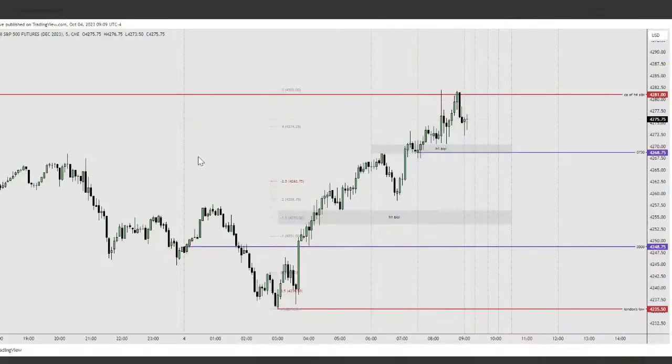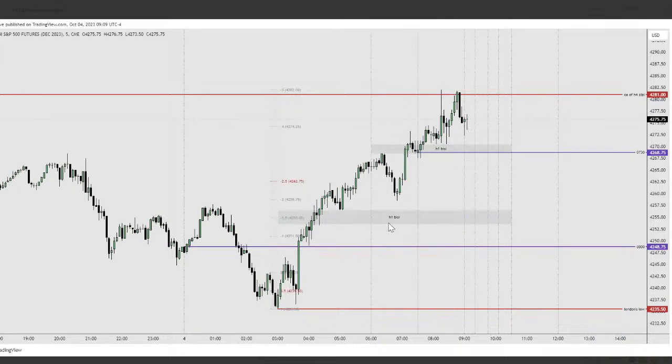So what is a discount? From the 5 minutes, you can mark out the projections, and we have basically reached into the fifth standard deviation. So between fourth and fifth standard deviation, usually we get to see retracements up to 50% of the current dealing range.